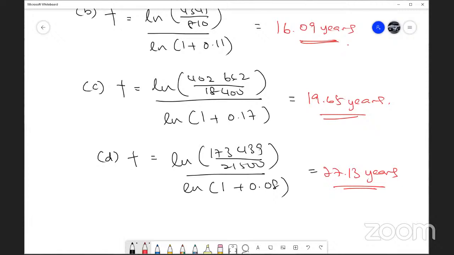So far, any issues? Can you all get the answers? Are you all right? Good. I see a lot of familiar names.